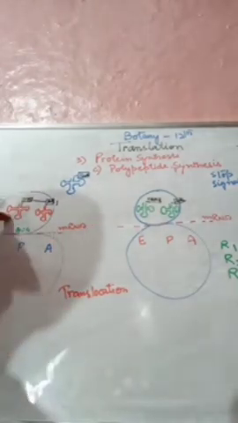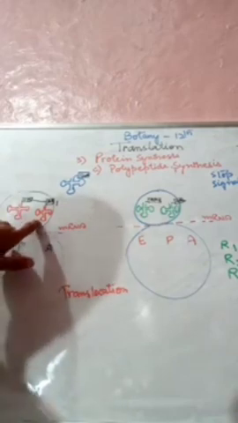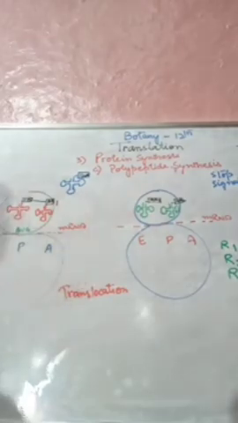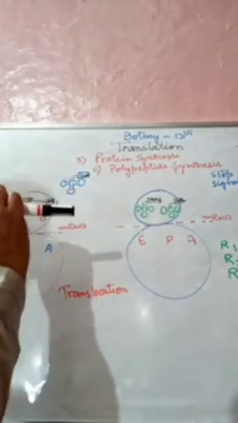The transfer RNA with F-meth attached comes here, and then the A site is open, empty. Another amino acid comes here. Now the ribosome slides, it moves on the mRNA like this.